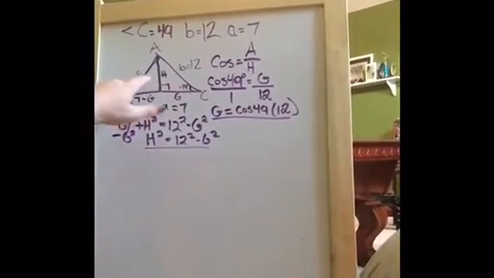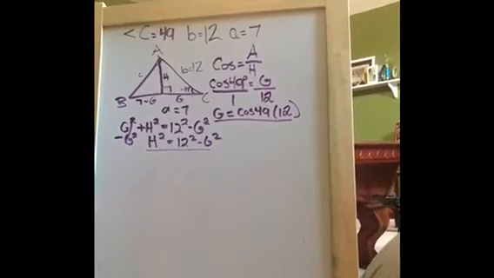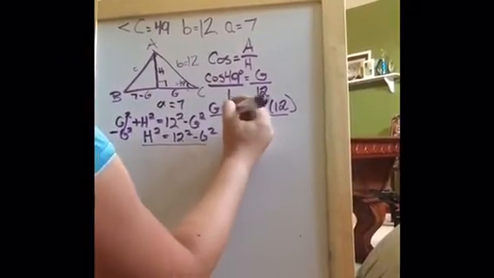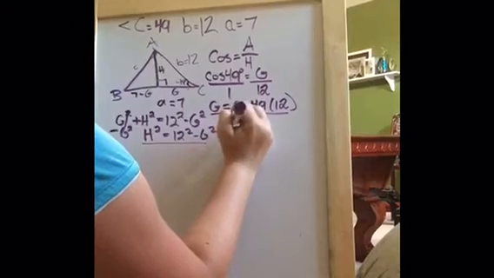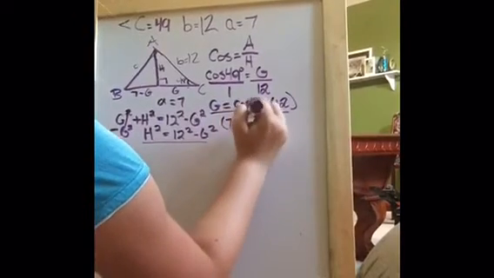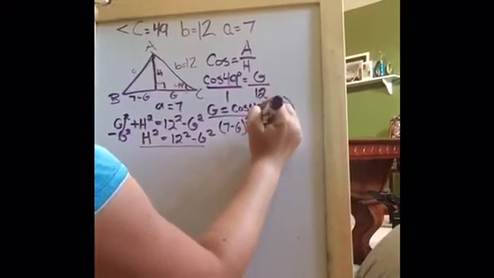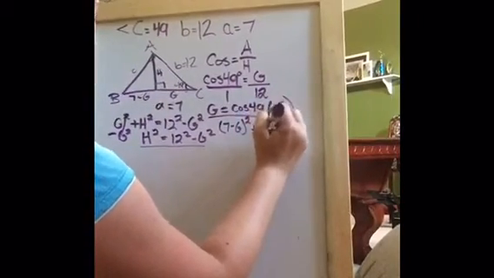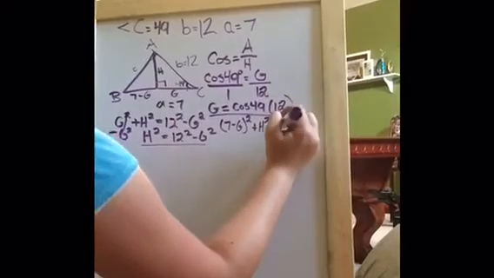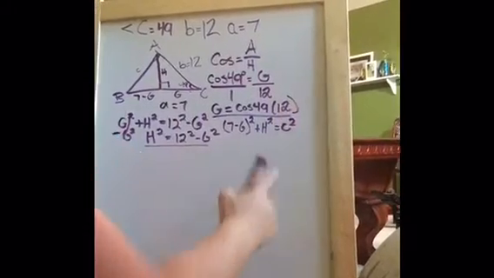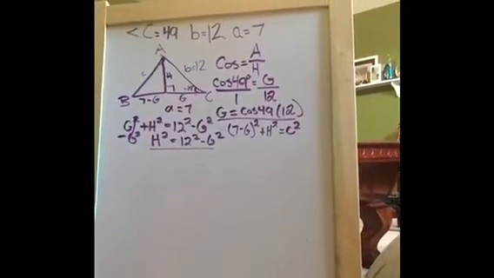Lastly, you have to do your other triangle. So you have 7 minus G squared plus H squared equals C squared, which is the value you're trying to get.